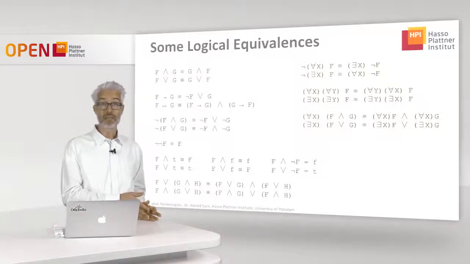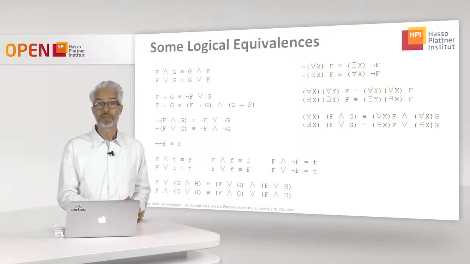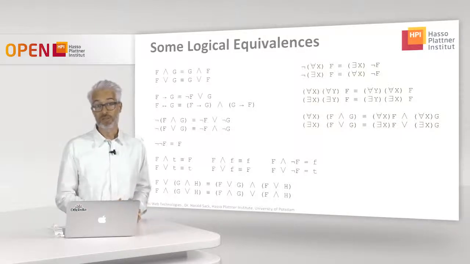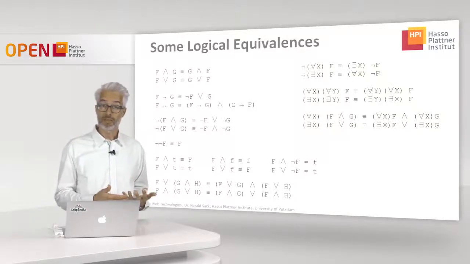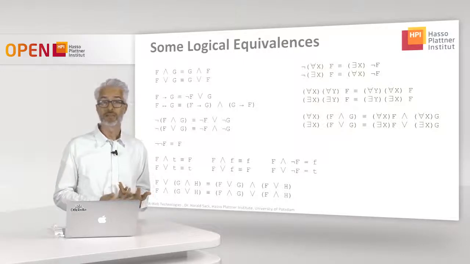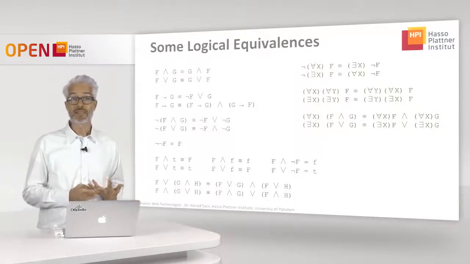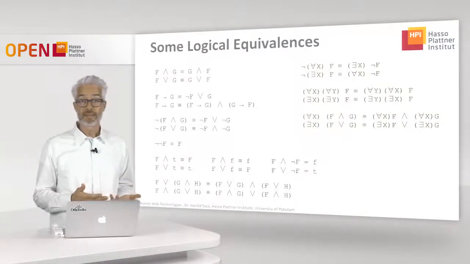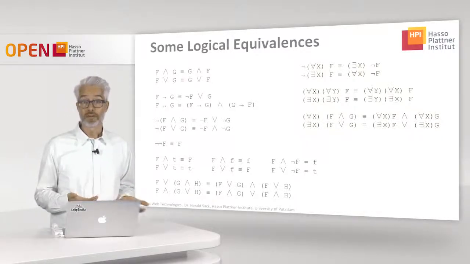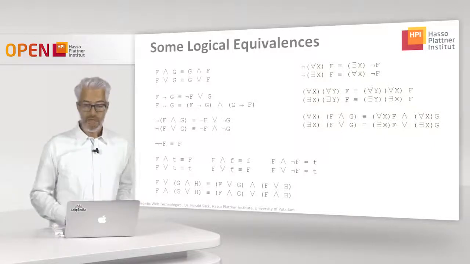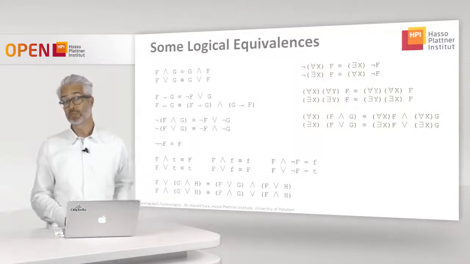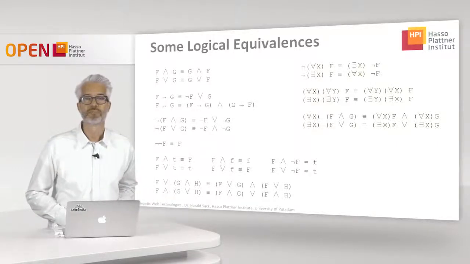So if I say not for all x f, this means there exists an x for which not f holds. And likewise, the other way around, if there does not exist an x for which f holds, this means the same as for all x, it holds not f. So this happens when you try to get the negation inside the bound formula of a quantifier.